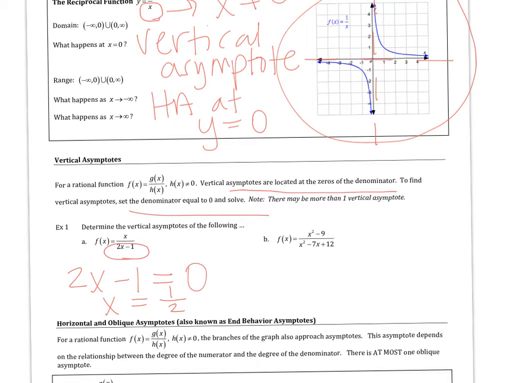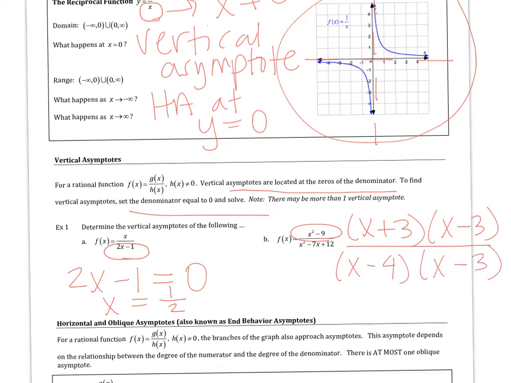For b, I've got x squared minus 9 over x squared minus 7x plus 12. So the first thing that I have to do is factor this and simplify. My numerator factors into x plus 3 times x minus 3, and the denominator factors into x minus 4 times x minus 3.